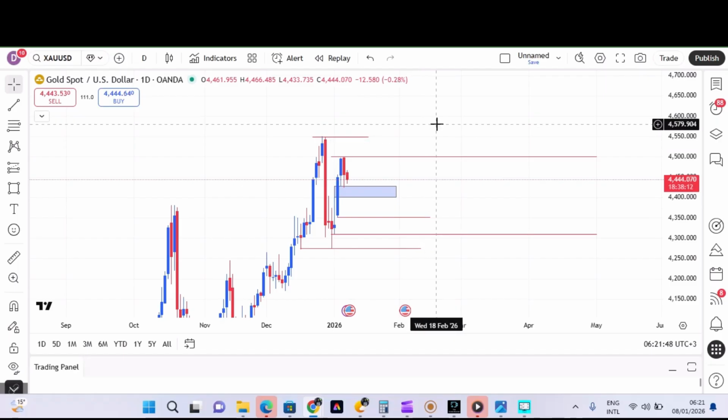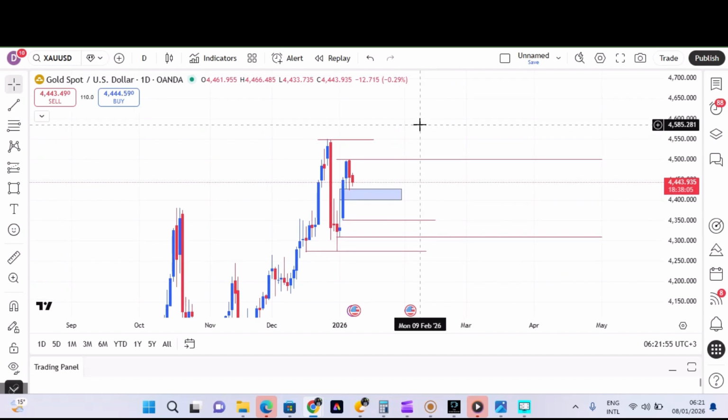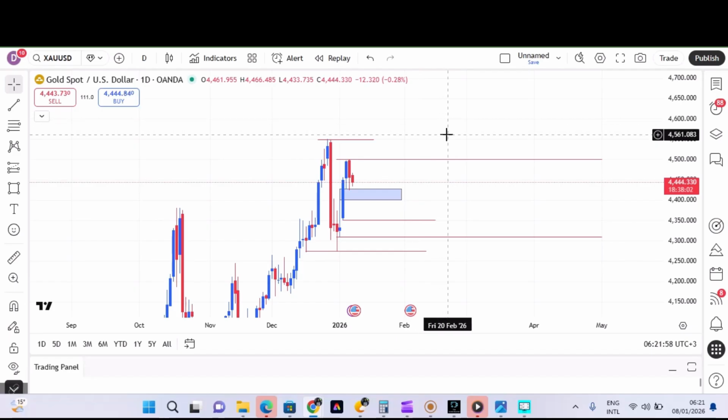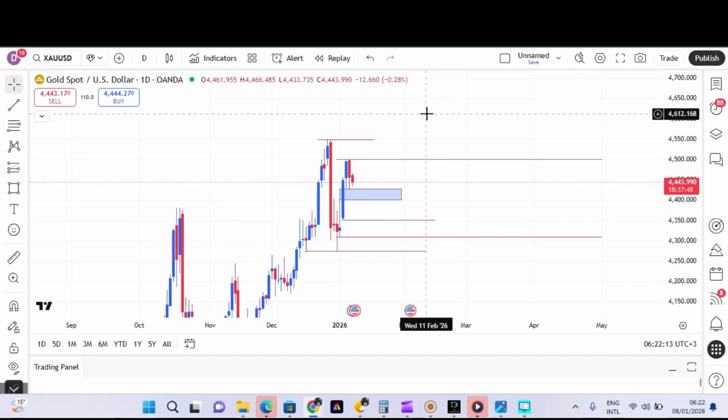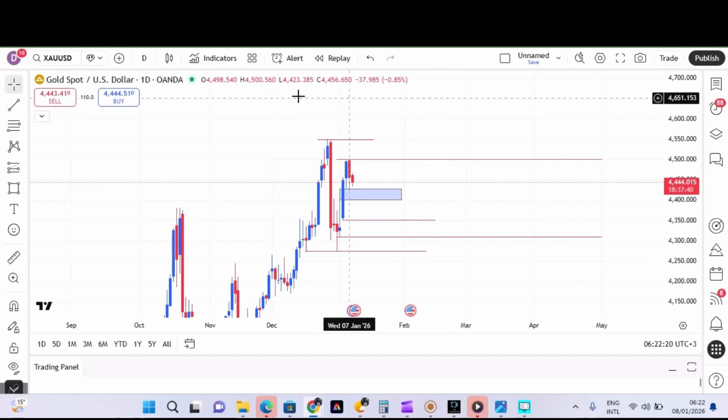That is technically. Now fundamentally, there are fundamentals today. I'll look at the fundamentals towards the end of the analysis. Also very important, when you do technical analysis, you should not forget fundamental analysis, which is the news data, because it also speeds up market moves and shows the economic outlook of the US economy, primarily because we are dealing with gold and the US dollar.